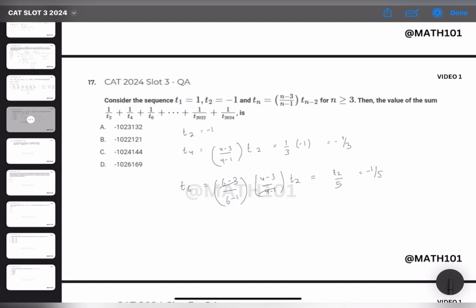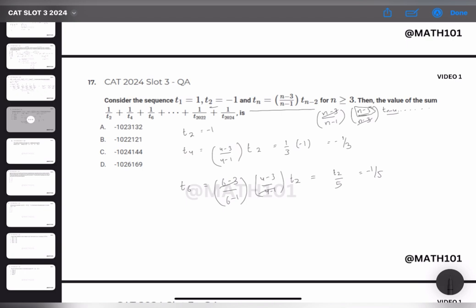So in fact, when we roll out these values, replacing tn minus 2 by n minus 5 upon n minus 3 times tn minus 4 and so on, we'll see that it is n minus 3 upon n minus 1 times n minus 5 upon n minus 3 tn minus 4. So this gets cancelled, and this goes until n minus 4 becomes 2, at which point n minus 5 becomes 1.